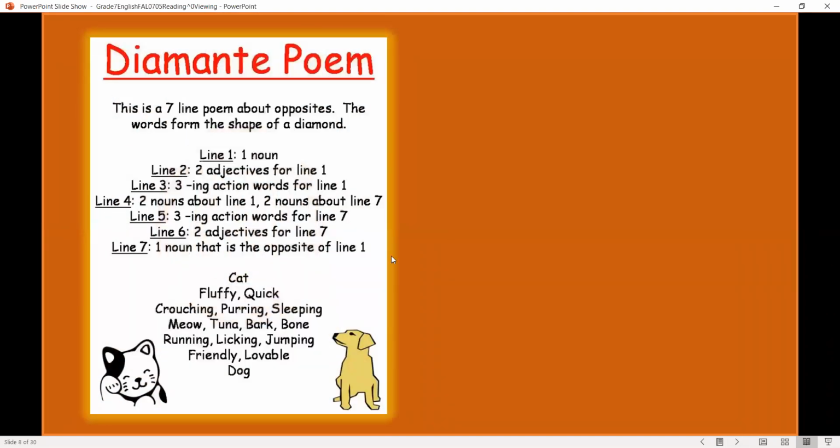So then the next kind of poem, I don't know if you've ever heard about it, is a Diamante poem. All right, now this is a 7-line poem, but it's all about opposites. Okay, and the way it's written, it actually forms the shape of a diamond.